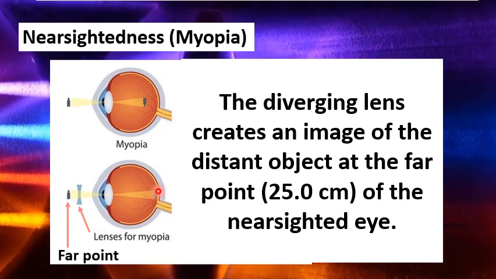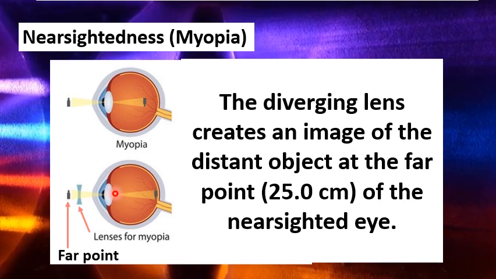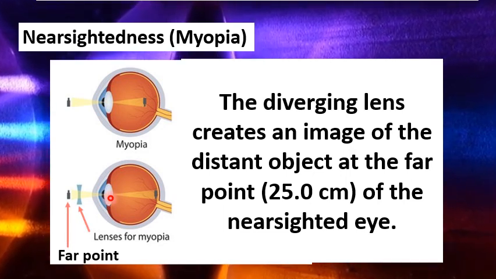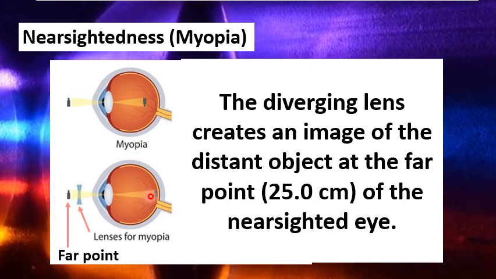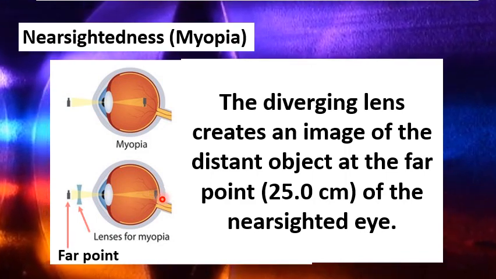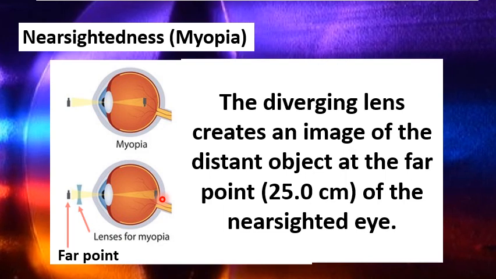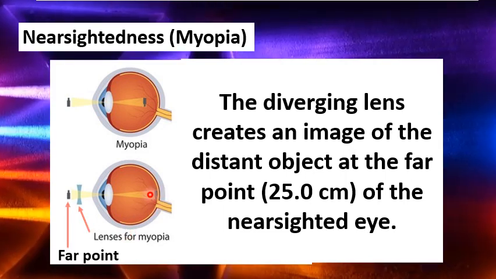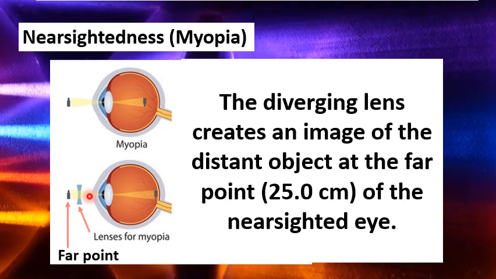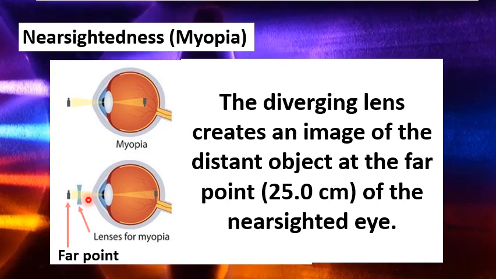If the image focused by the eye lens is exactly on the retina, that means the eye, with the help of the diverging lens, will now be able to see a sharp and clear image of a distant object.